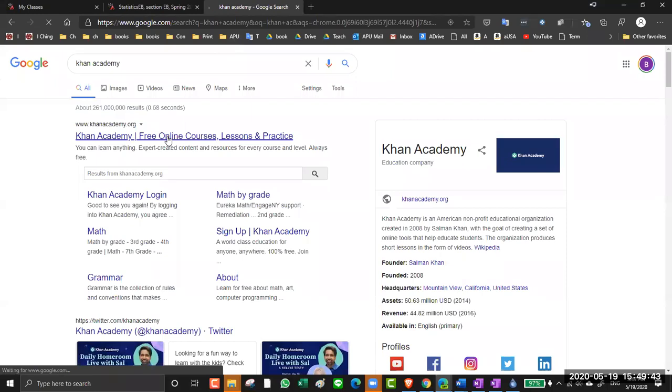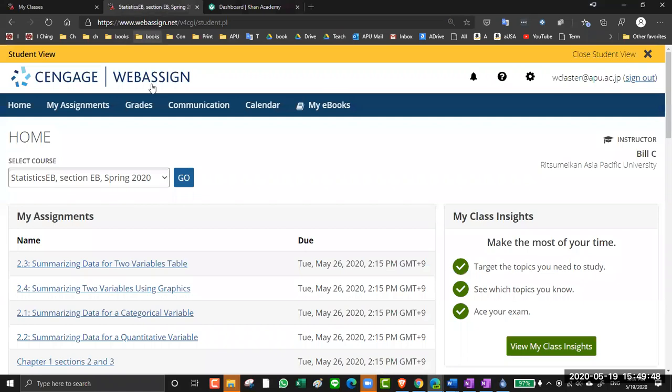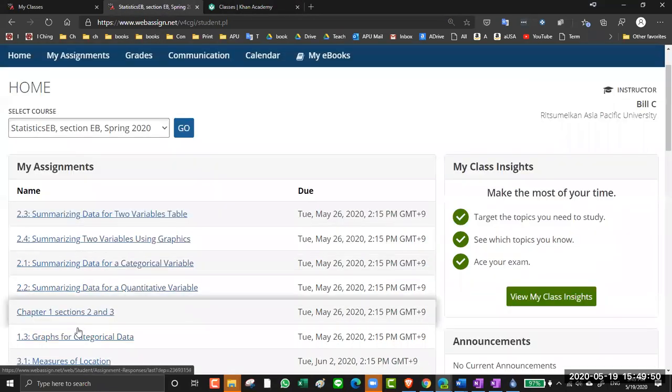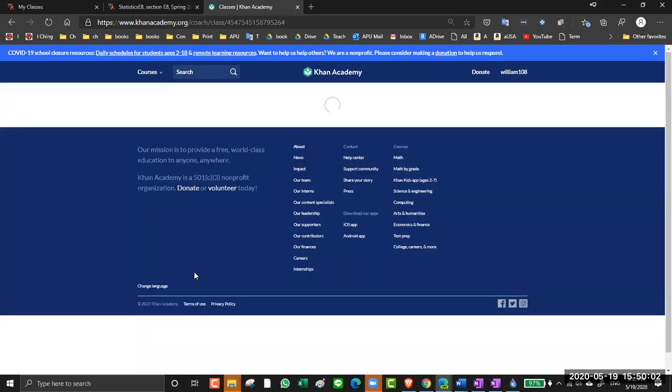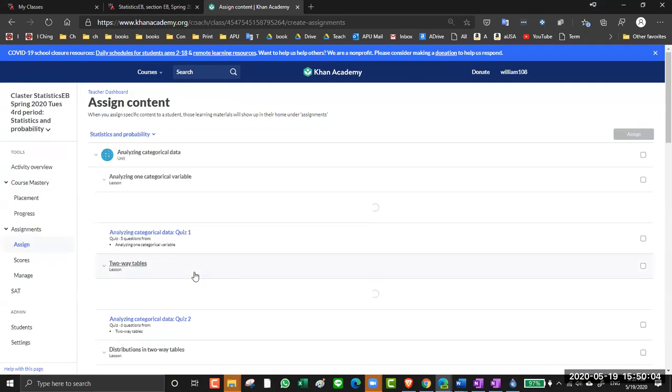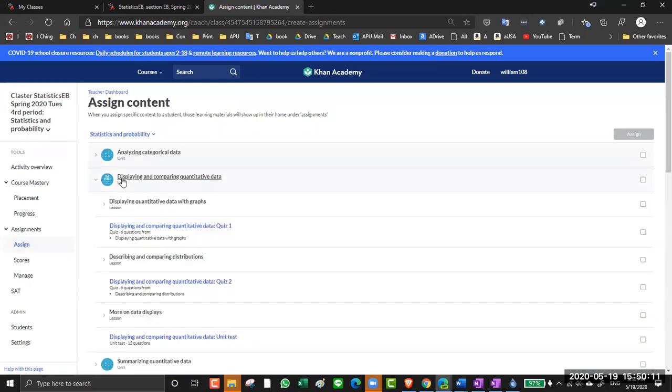From Cengage, we'll just have the 1.3 exercise to do? In Cengage, you'll just have chapter 1, sections 2 and 3. This section is what you just did, and then you're going to do this section next.